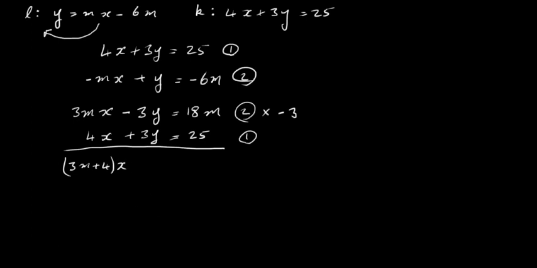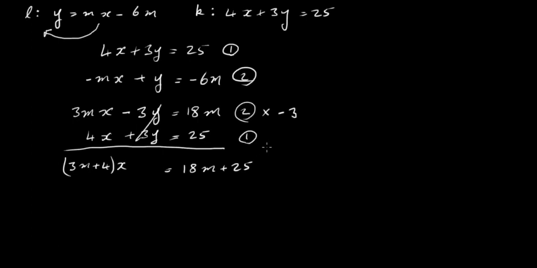Here I have a minus 3y plus 3y, so that's going to give me 0 when I add them. That's why I multiplied by minus 3 in the first place. And on the right hand side I end up with 18m plus 25.